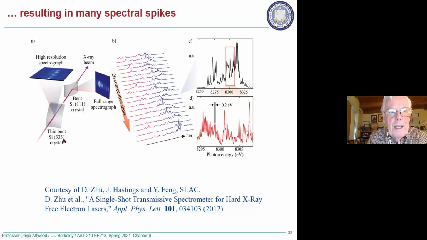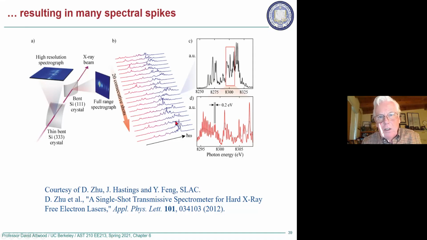One is thin and bent so as to give a high spectral resolution, and the other one is a silicon 111 crystal, to give a full spectrum. So this is the full spectrum that you see, and this is 20 different consecutive shots, and you can see that the spectrum is dancing around, okay?